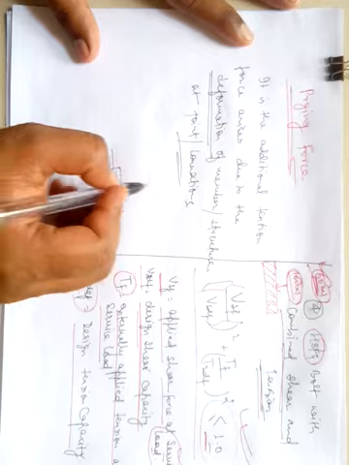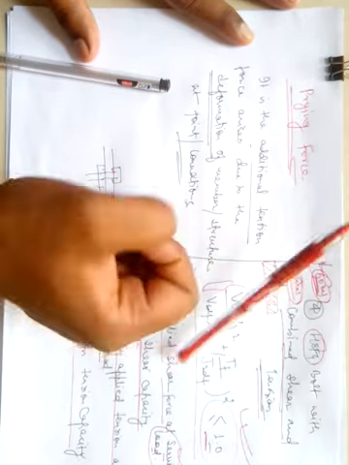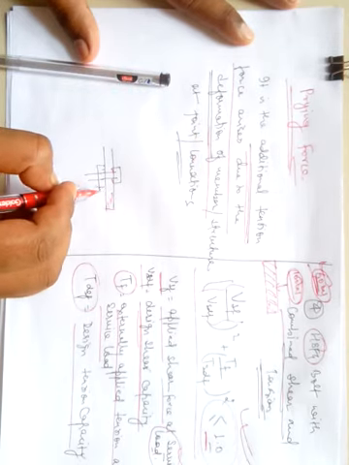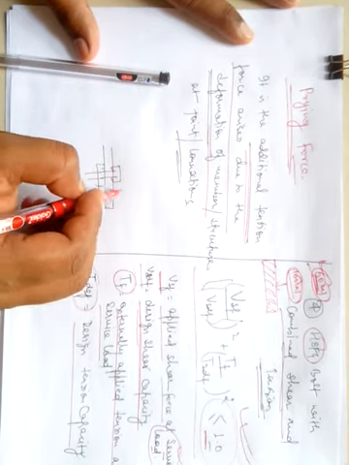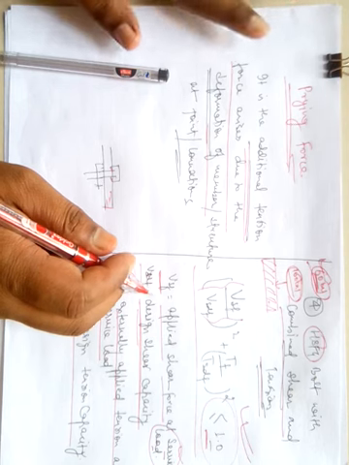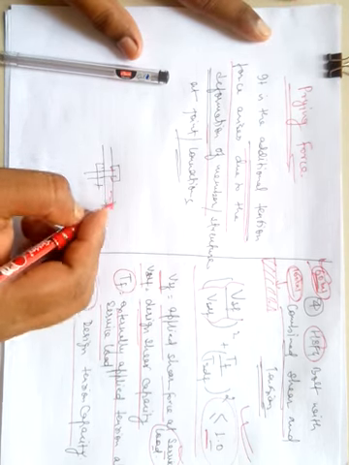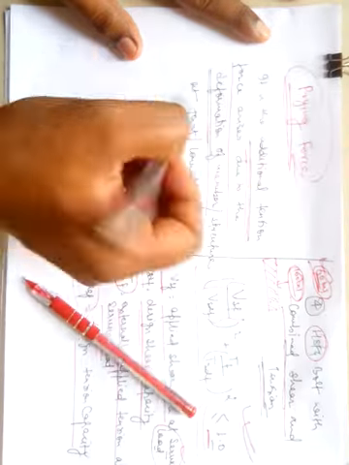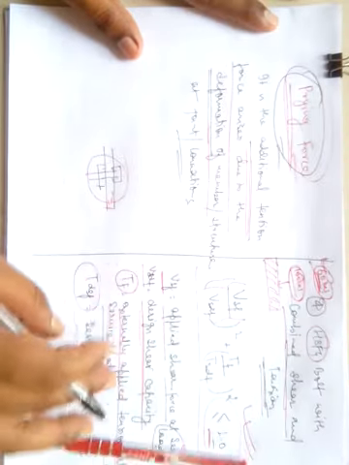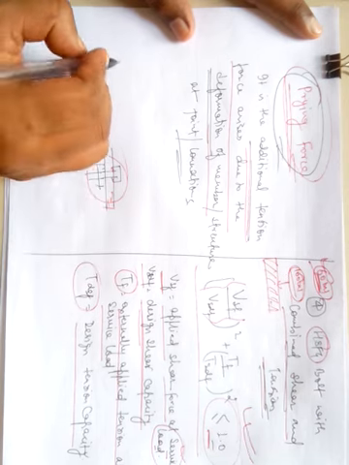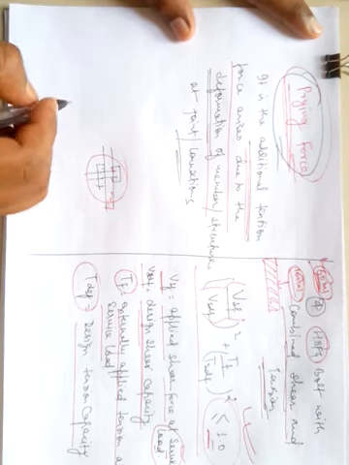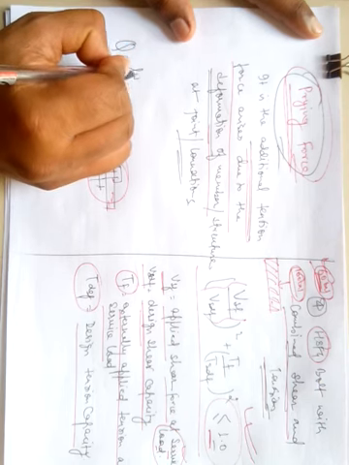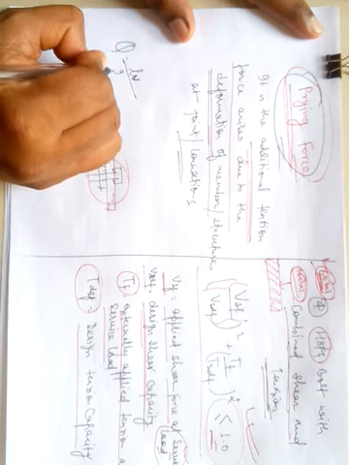It is the additional tension force arising due to the deformation of the member. So whenever this deformation is in the form of tension, it experiences a force which is called prying force.